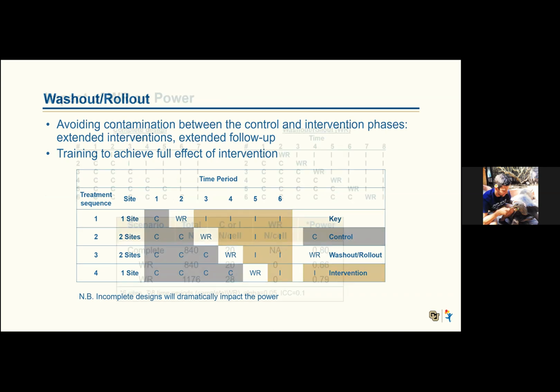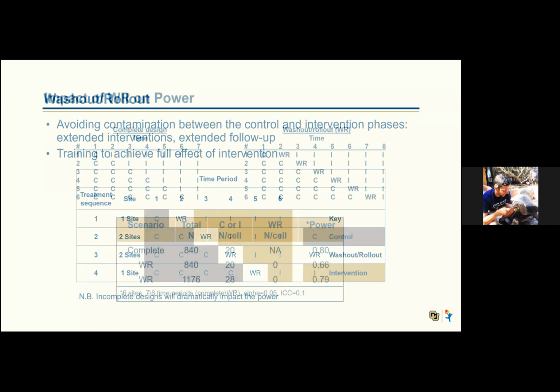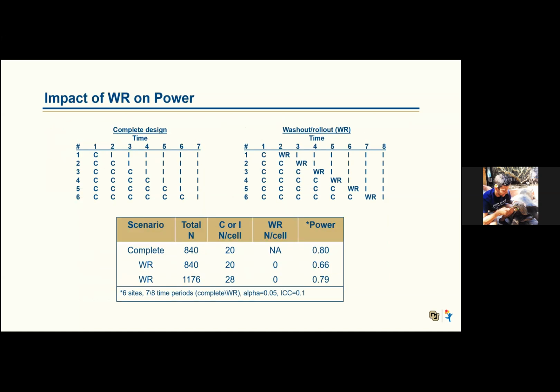But the issue is, let's say you had a design that required 840 patients for the entire study to get 80% power.